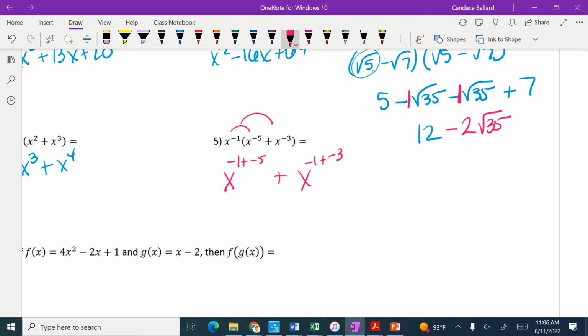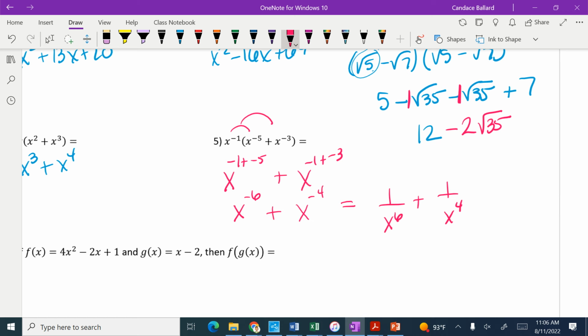So what is negative 1 plus negative 5? Good. And what is negative 1 plus negative 3? Good. Are they happy where they're at? No. What do I need to do? They're upstairs. Where should they go? Downstairs, right? Okay, so 1 over x to the 6th goes times 1 over x to the 4th.